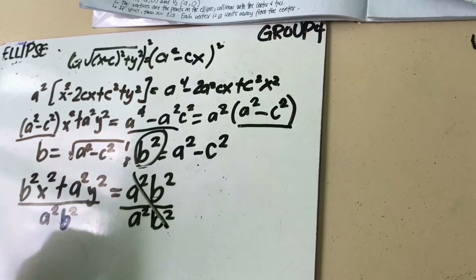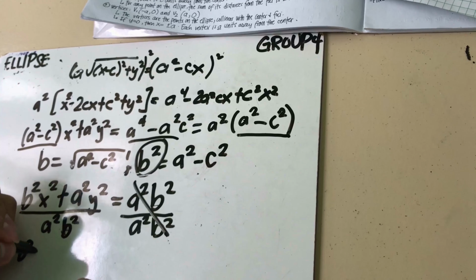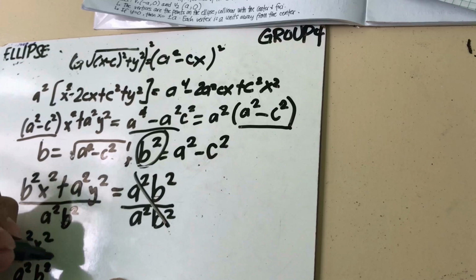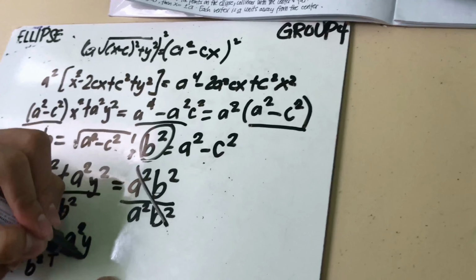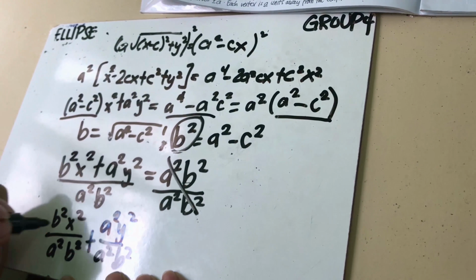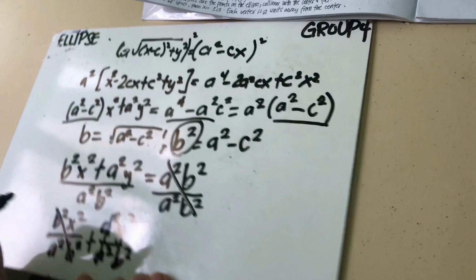And then of course this cancels. Then on each side we have b squared x squared over a squared b squared plus a squared y squared over a squared b squared. And of course there are cancellations.